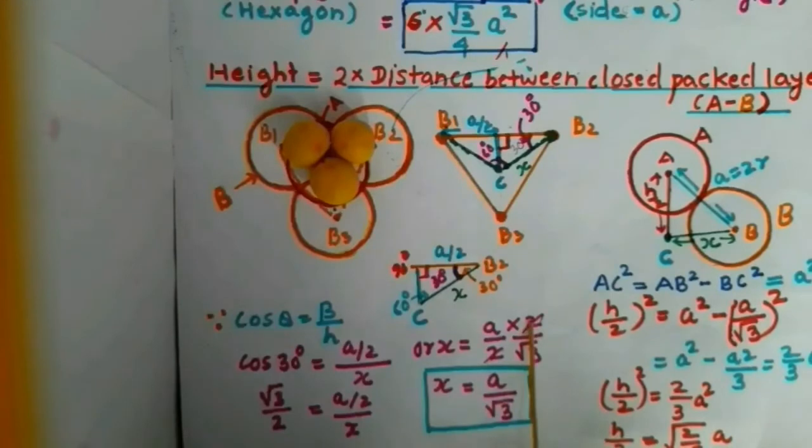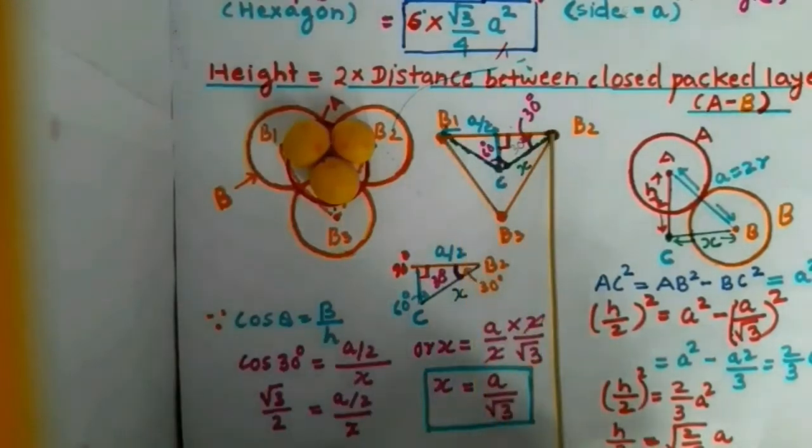Now 2 will cancel out, and x will be equal to A divided by root 3. So we have represented x in terms of A, where A is the side of this equilateral triangle.